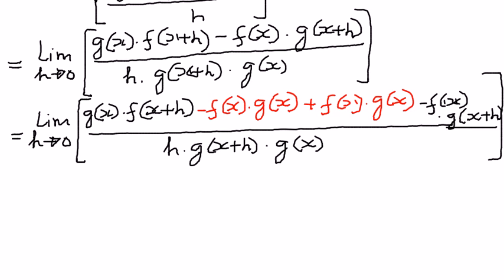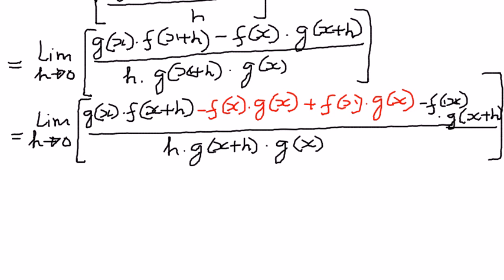Now, taking g of x common in the first set of brackets and taking f of x common in the second set of brackets, we should be able to simplify that some more. The set of brackets I was talking about is as follows. Let me put that in a different color.